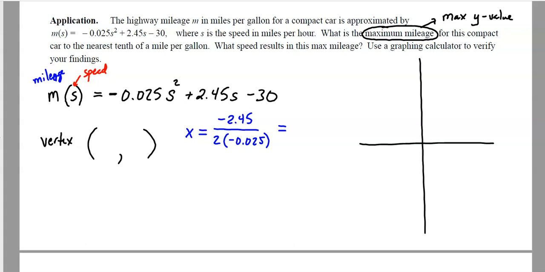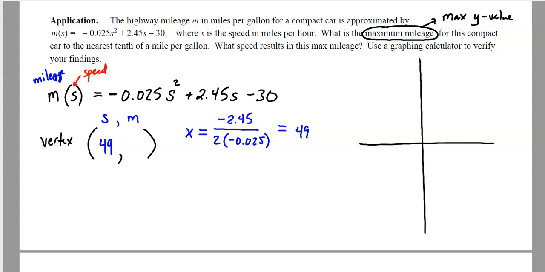So -2.45 divided by, parentheses, 2 times -0.025, parentheses, enter. I'm getting 49. All right, so x, and when I say x and y, this is really S and M, because the S's are in the x position. So an x value or an S value of 49.